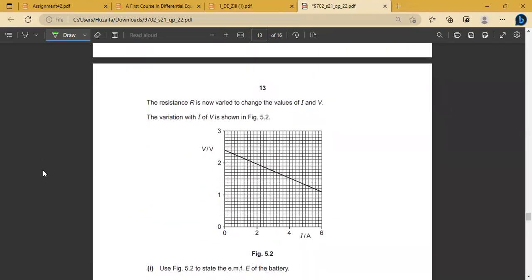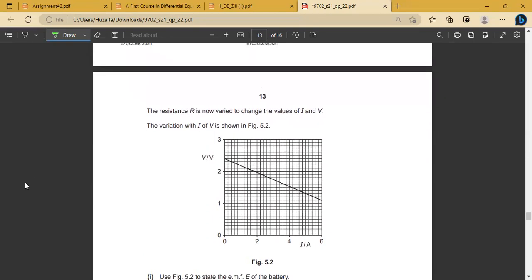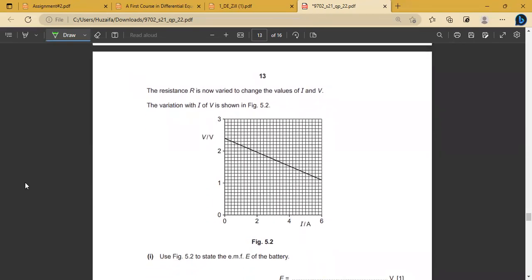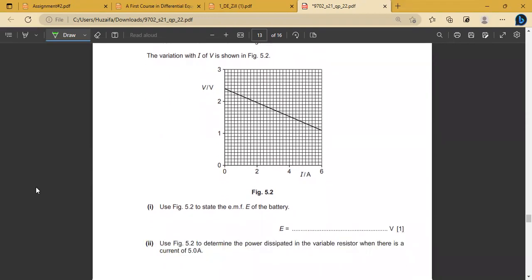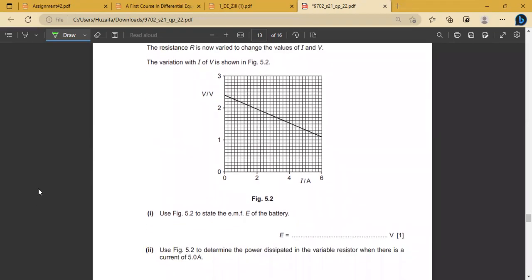And what is now given here? In figure 5.2, he has given the graph of voltage against current, and you can see that it is a straight line. Now what is he asking? Use figure 5.2 to state the EMF E of the battery.